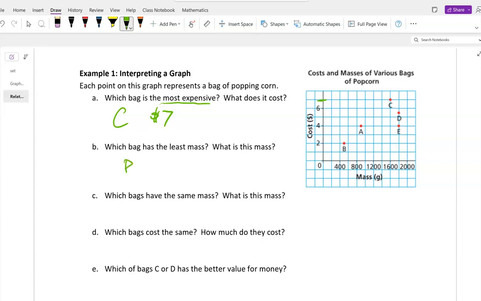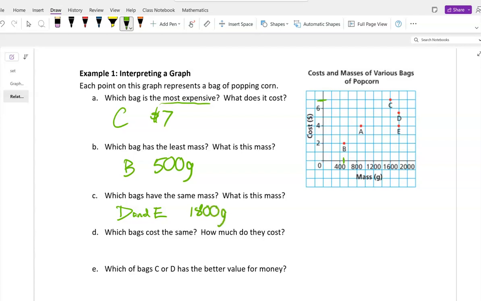Looks like B, and what would that be? Looks like approximately 500 grams. Which bags have the same mass? If you're looking at mass, you're looking at D and E. And what is that mass? I think that's 1,800 grams.